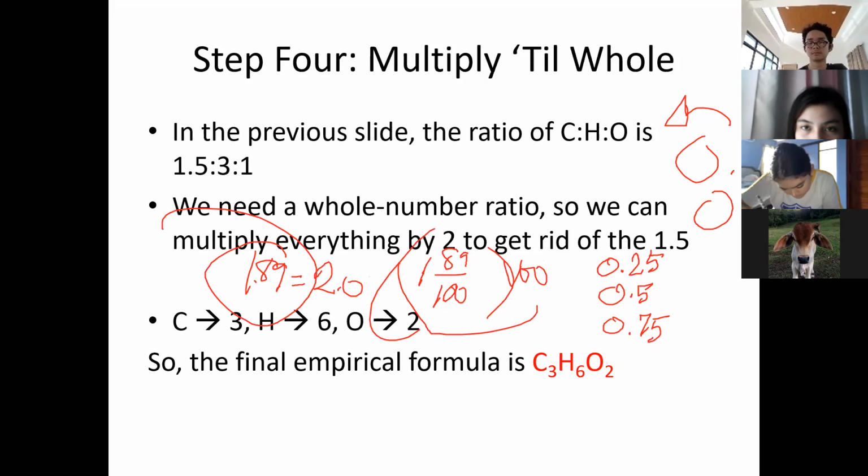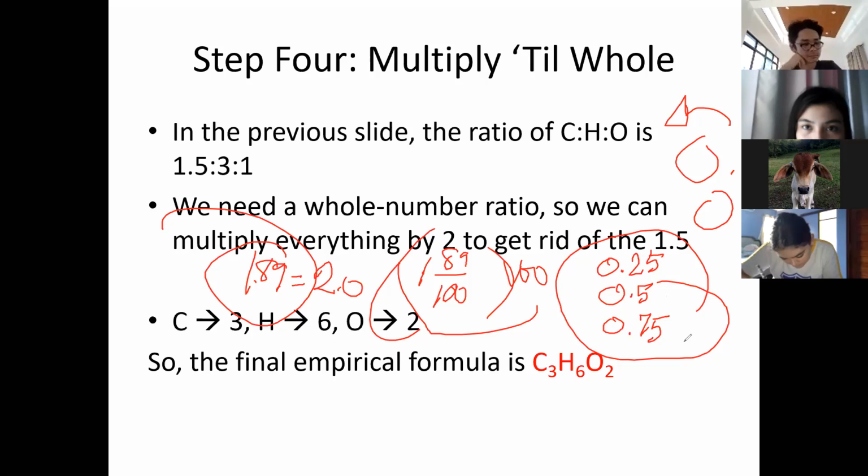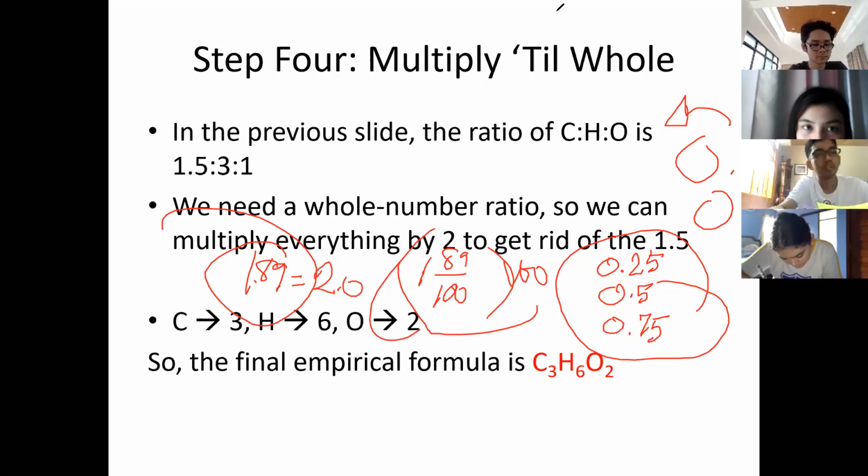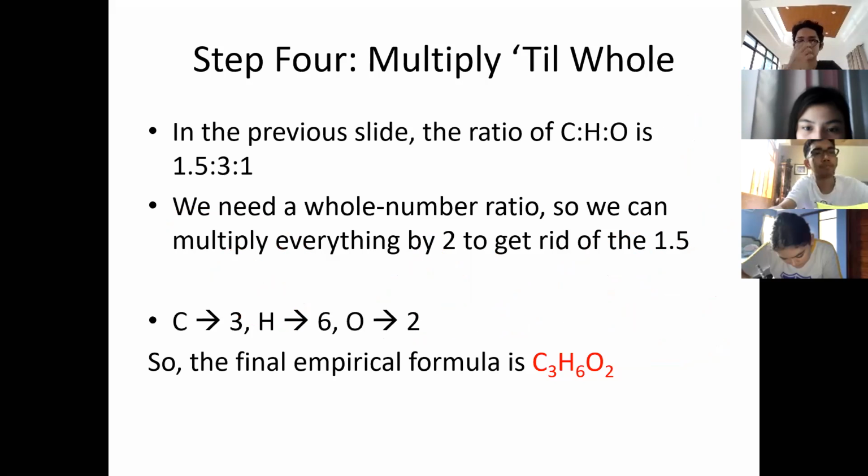Any value is possible again, but dependent on the decimal mentioned in the final answer, we choose our multiplier such that we follow the last step in the poem: multiply till whole. We multiply the decimal until it becomes a whole number. If the decimal is 0.5 or 0.75, our multiplier is 4.